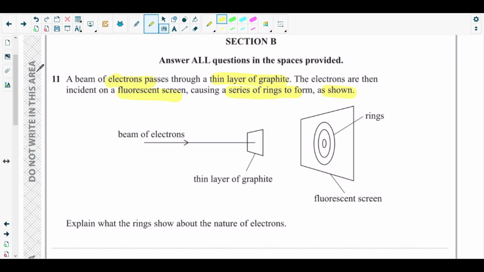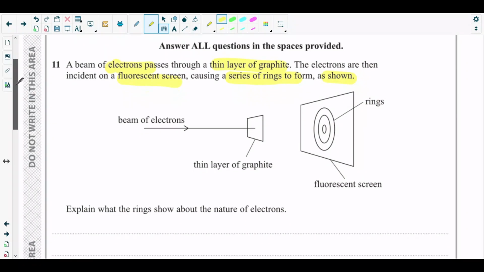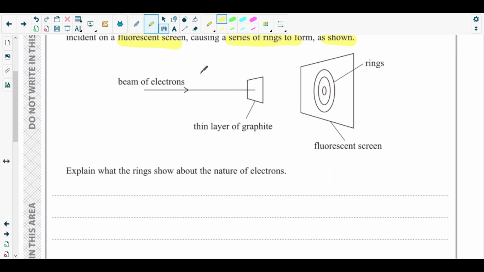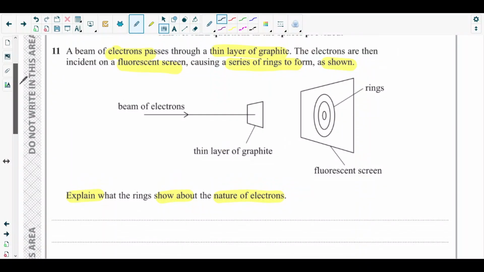We can see in the figure as the electrons are incident on the fluorescent screen, it is forming a series of rings. So the question here is asking to explain what the rings show about the nature of electrons. What do these rings show about the nature of electrons?